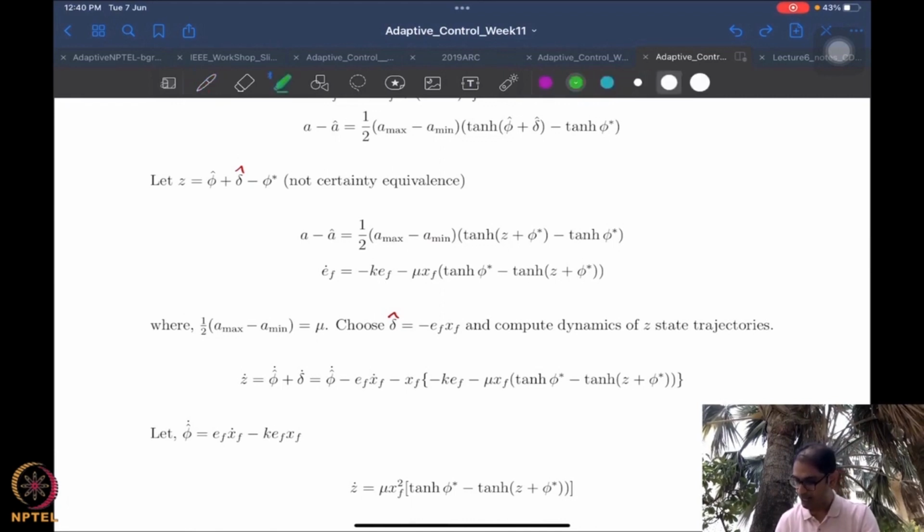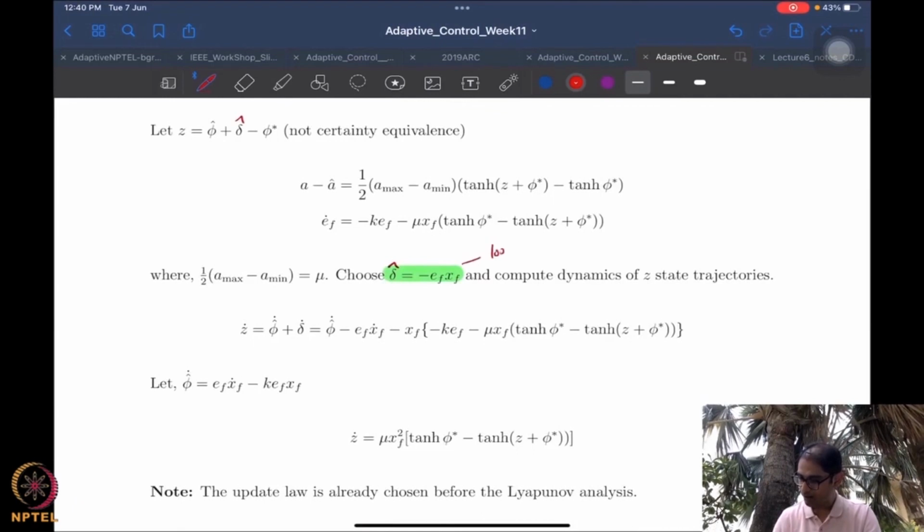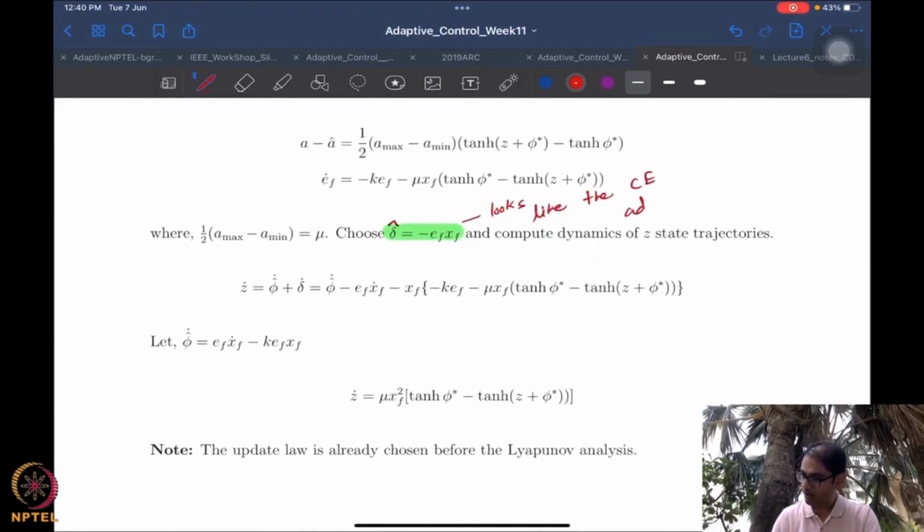Interestingly, the delta hat expression looks like the certainty equivalence adaptive update law. Why?